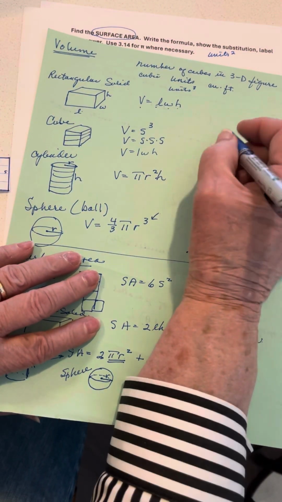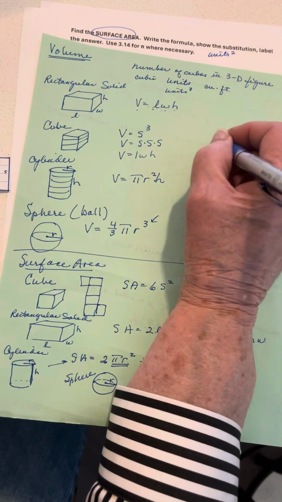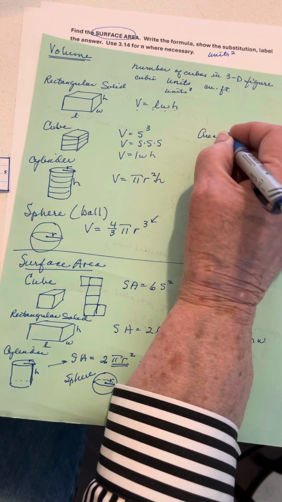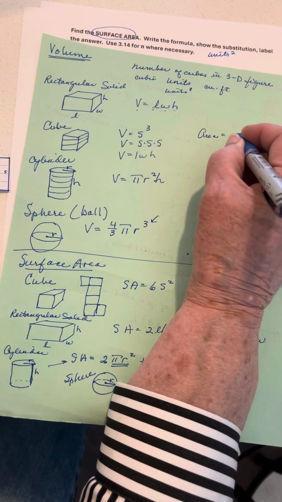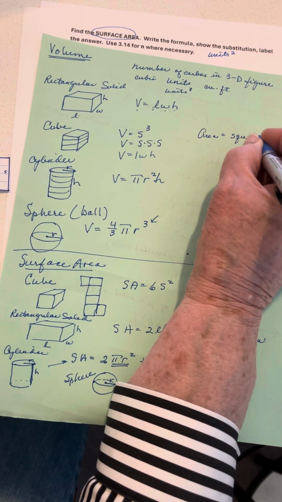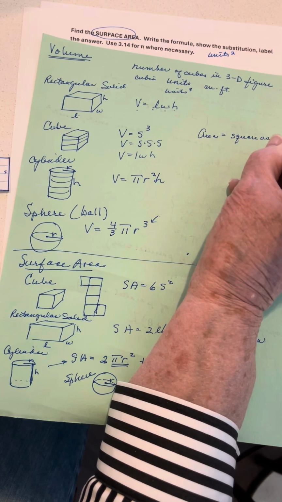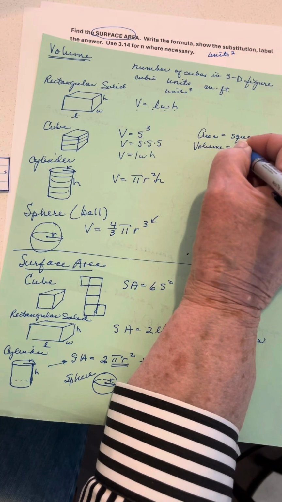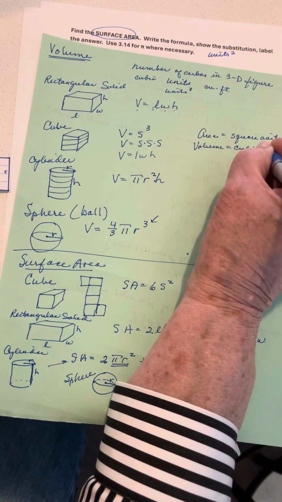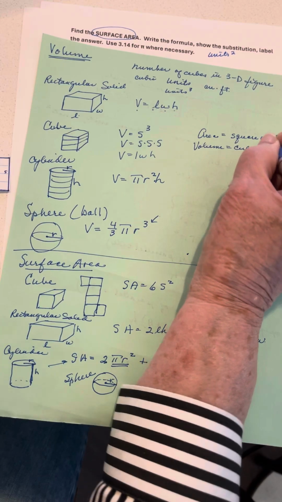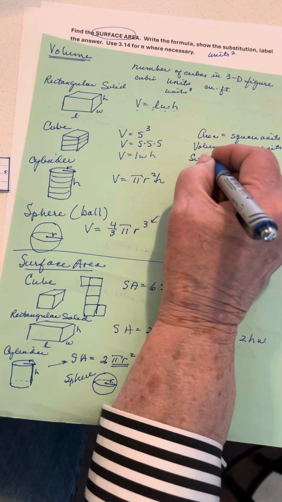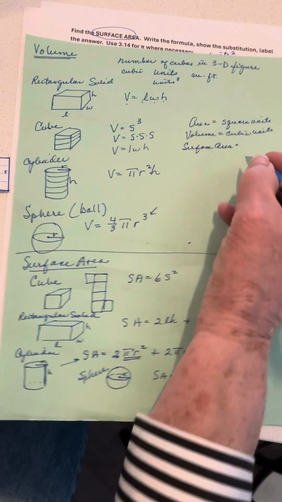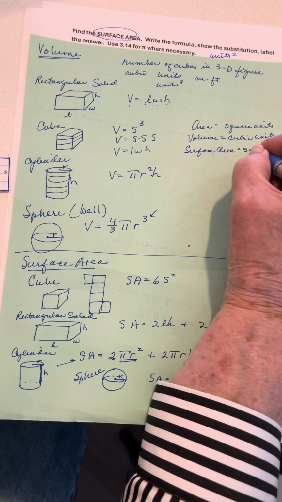So I've got this nice area up here. So area is square units. Volume is cubic units. And surface area is, again, square units.